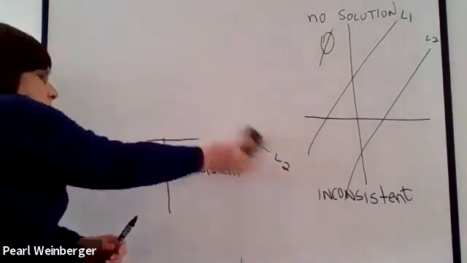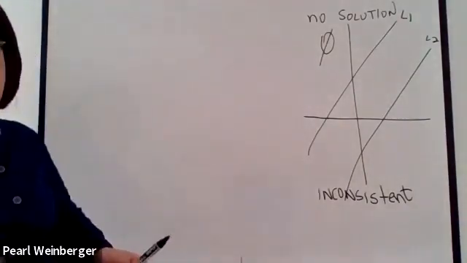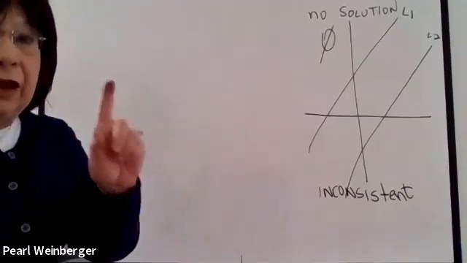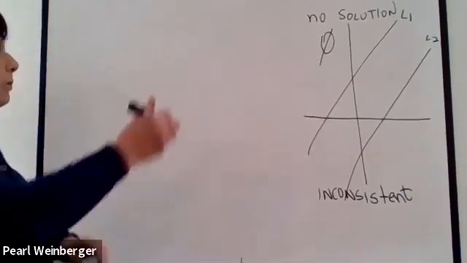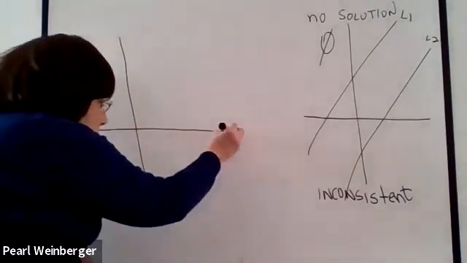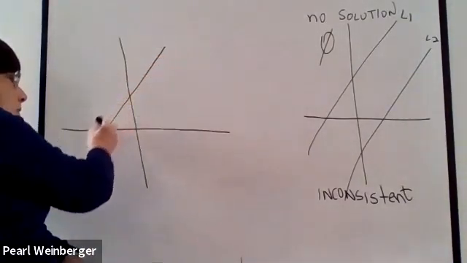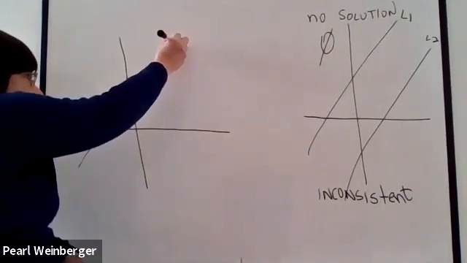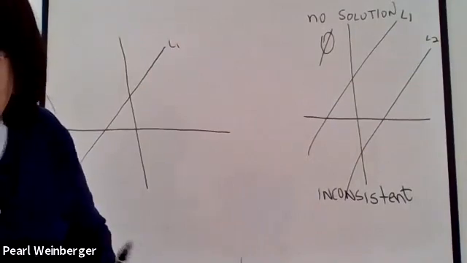Okay. So sometimes we have consistent systems of equations. Sometimes we have inconsistent systems of equations. There actually is one other type of system. I take my first line and I draw it. Let's see, here's line 1. And then I go and I draw line 2.